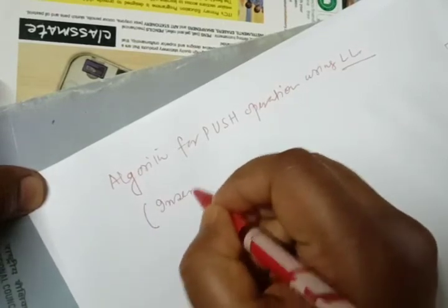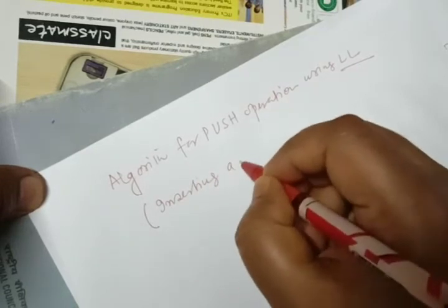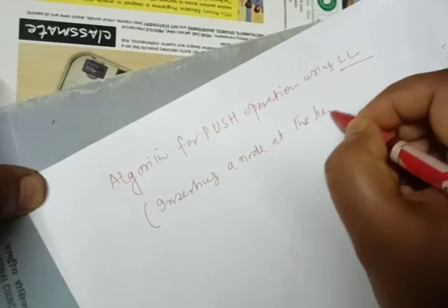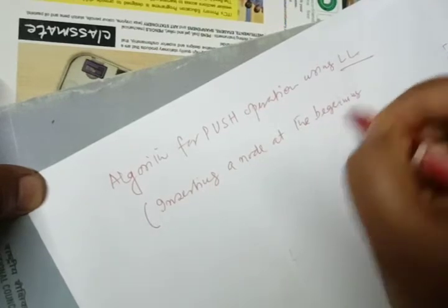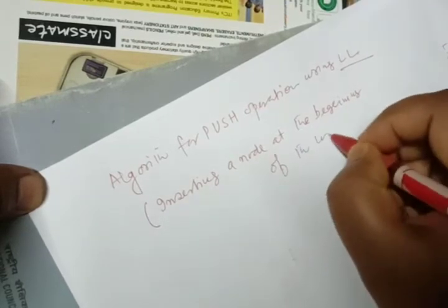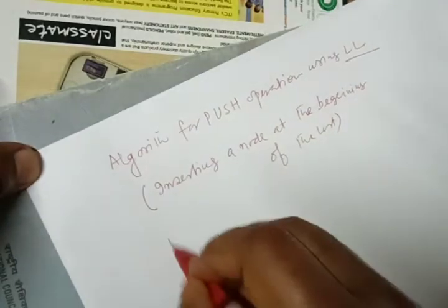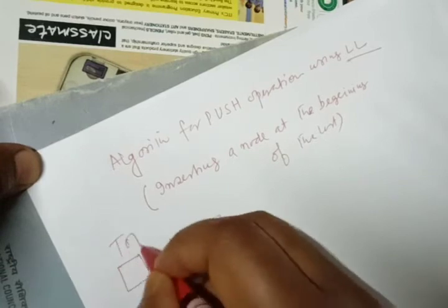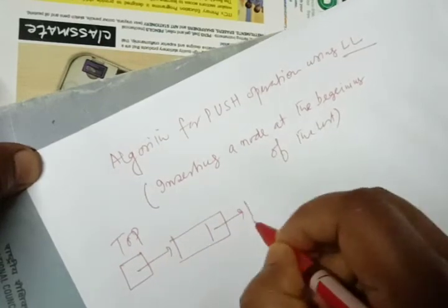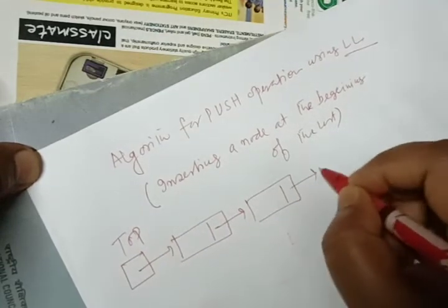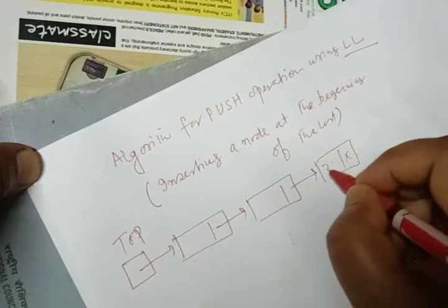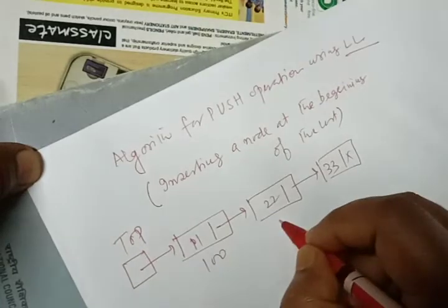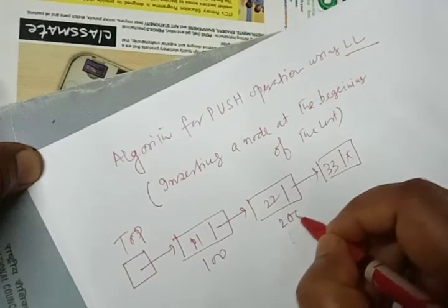So inserting a node at the beginning of the list. Like this, suppose this is the top, these are the elements, these are the addresses of the nodes.